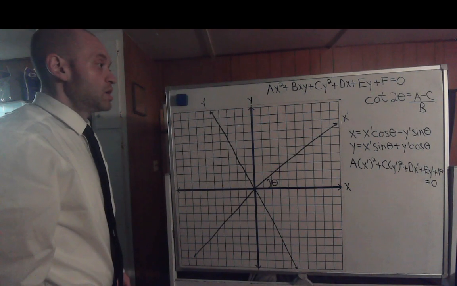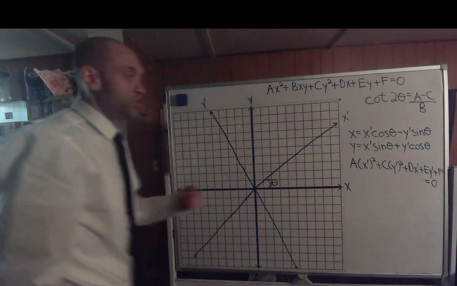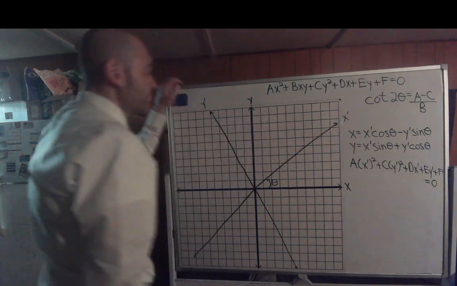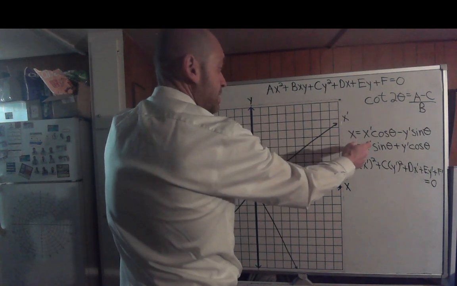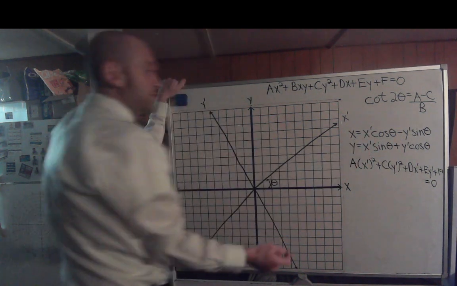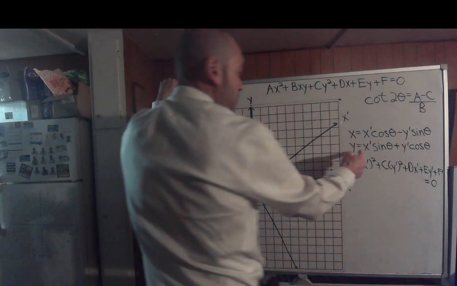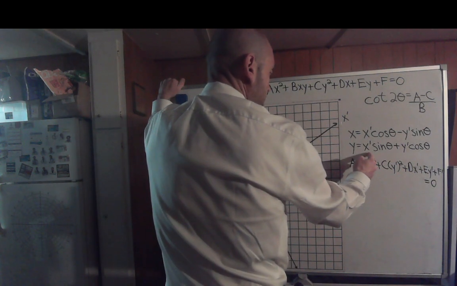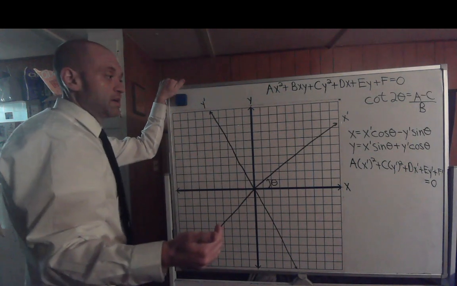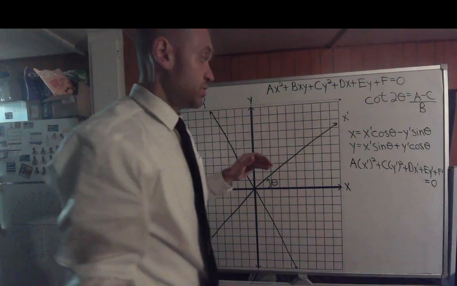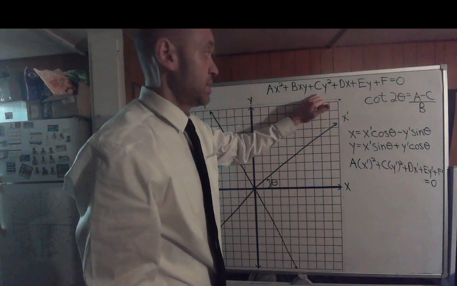Now, once you find that angle, once you solve for theta, x is going to equal x prime times cosine of theta minus y prime times sine of theta, and then y will equal x prime sine of theta plus y prime cosine of theta. What you will do is substitute those into your original equation.